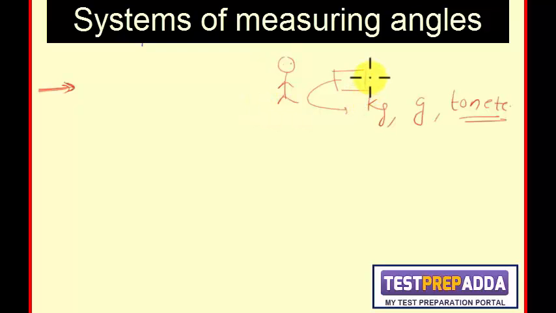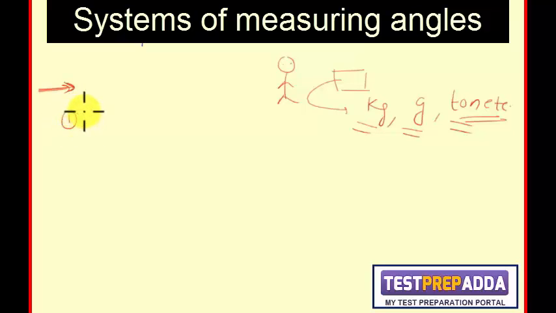So the amount will be same. Units will be different. You are measuring the mass of the same system. Same way, here also, the amount of rotation will be same, but there are different systems to measure that amount. Got it? Okay. So now there are three systems.